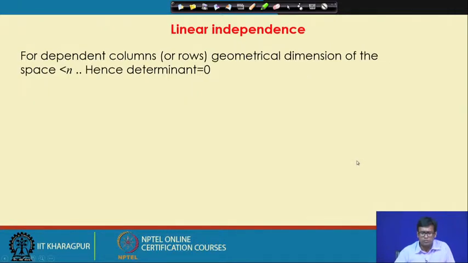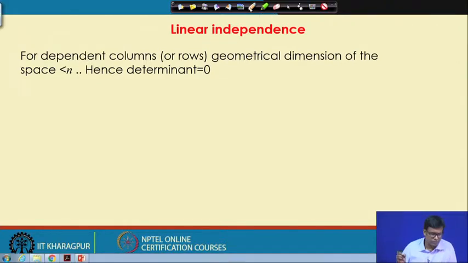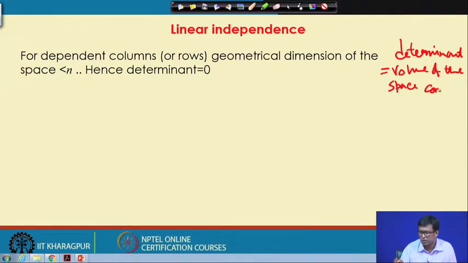For dependent columns or rows, the geometric dimension of the space becomes less than n, where n is the dimension of the real coordinate space. The determinant is the volume of the space contained by the vectors.